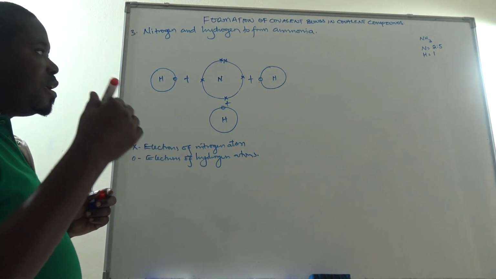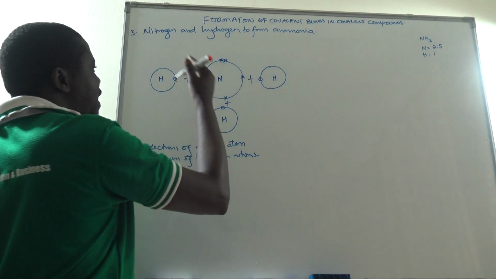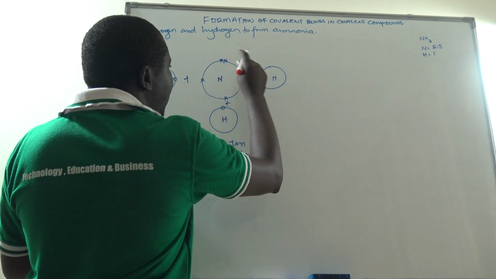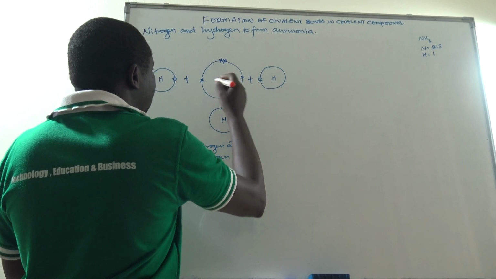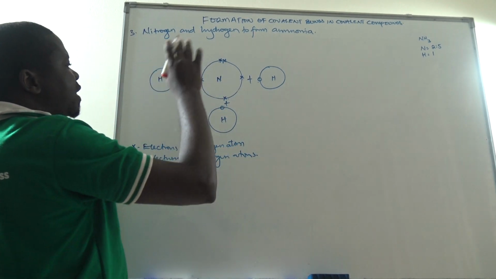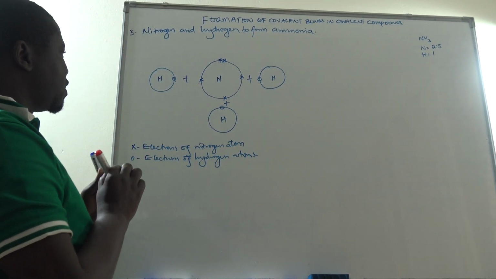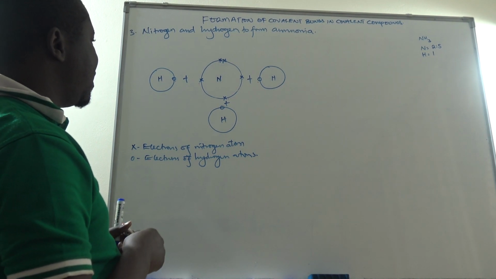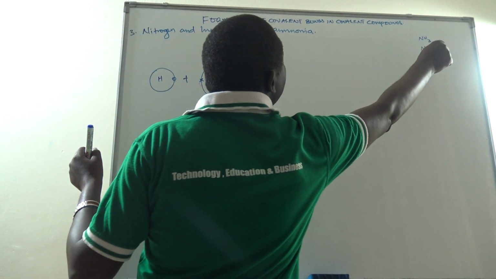Then in this case, the nitrogen atom will respond by also contributing 1 electron for bonding with each of these hydrogen atoms. A total in this case of the nitrogen atoms of electrons being what? 3 contributed for bonding by the nitrogen atom, which is equal to the valency of nitrogen.